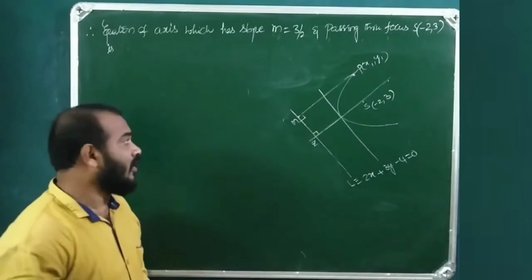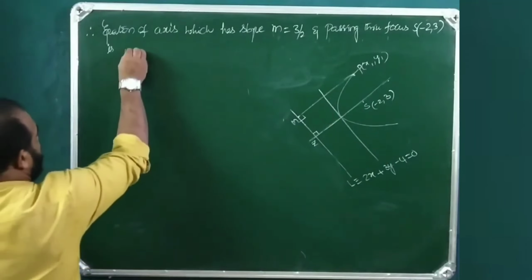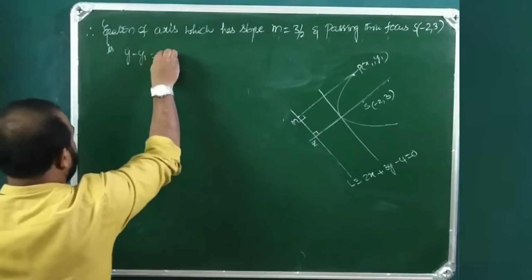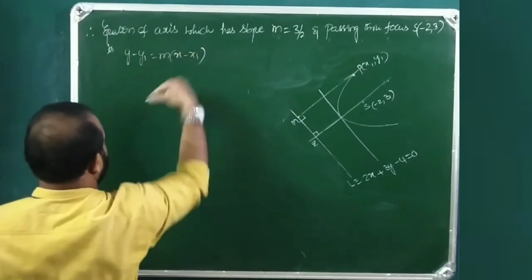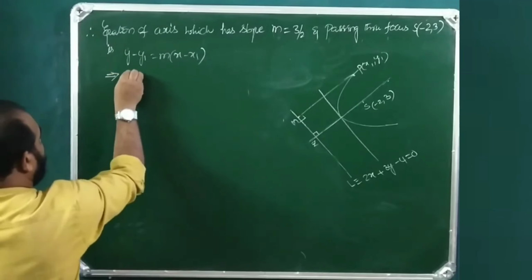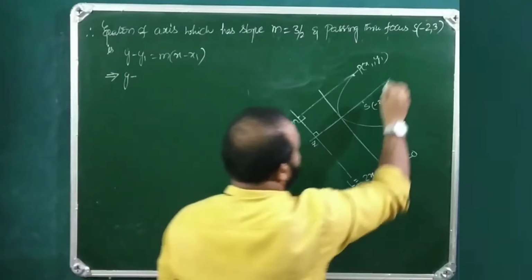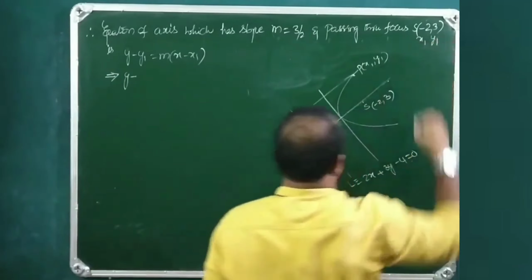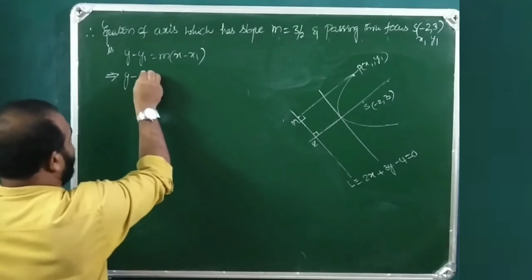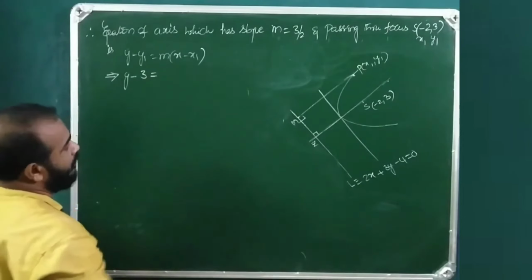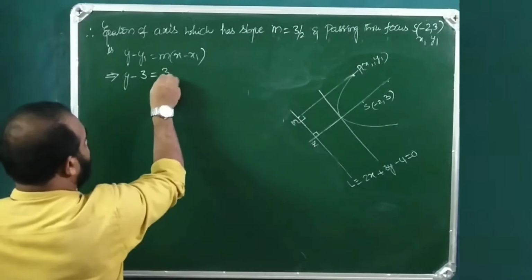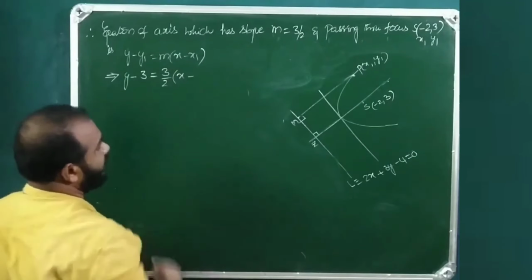In slope point form, y minus y1 equals m into x minus x1, where x1, y1 is this point. So y minus 3 equals 3 by 2 into x minus x1.